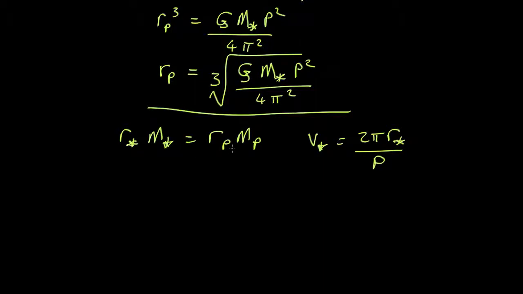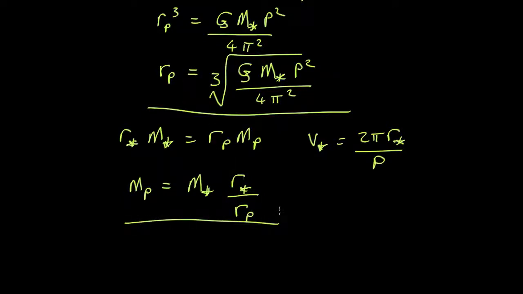So from this, let's say we knew the radius of the star's orbit. That tells us that the mass of the planet is just equal to the mass of the star times the orbit of the star's radius over the orbit of the planet's radius, which is about the distance we've just worked out up here, rp. So if we've got how far away the planet is and we know how far the star is moving, we can estimate the mass of the planet.